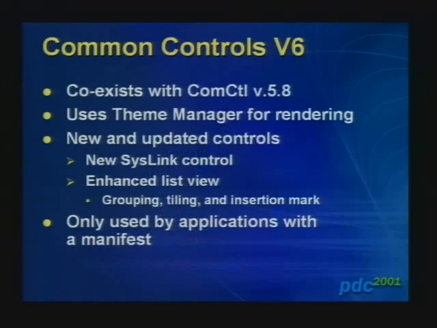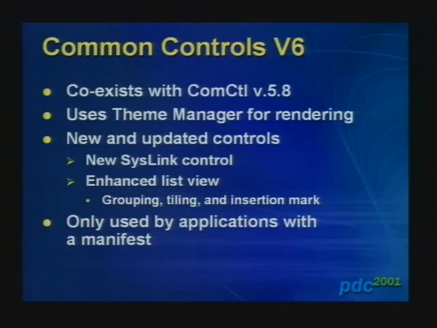So the new common controls like the list view and the tree view are all in Common Control version 6. Now, for compatibility, we're actually shipping both Common Control 5.8, which is really a slightly updated version of what you get with IE 5.5, and the new version, Common Control version 6. Now, in order for your application to be a Windows XP application, you have to explicitly choose to use Common Control version 6, and you do that by a manifest.